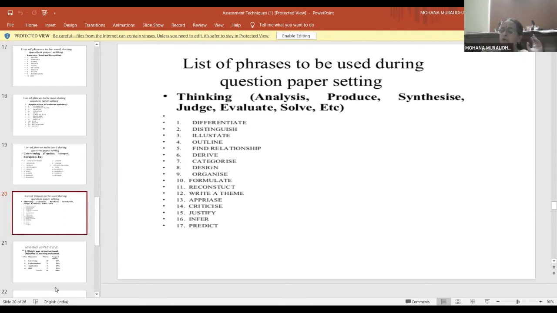So thought provoking questions would be possible with such terminologies, and we will use such terminologies to justify, predict, criticize, comment, categorize, design, and many such questions. Derive. Derivation cannot be done without an understanding.